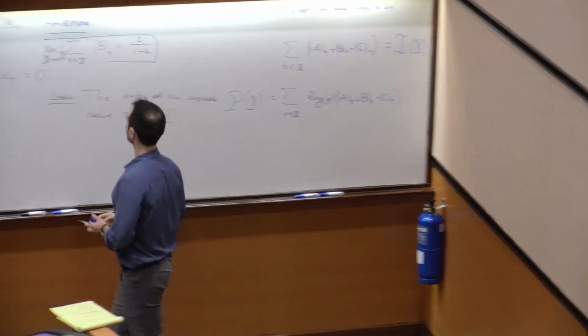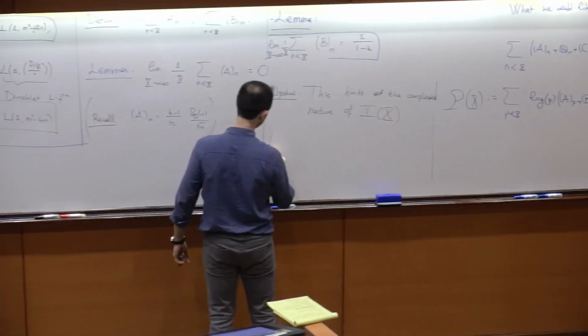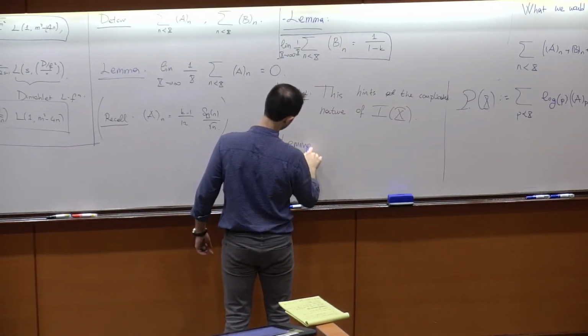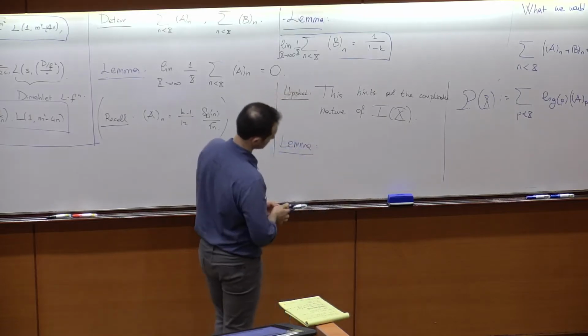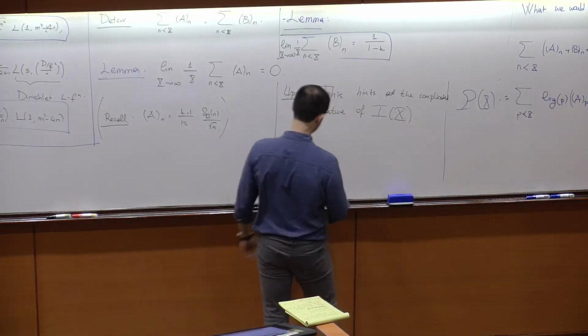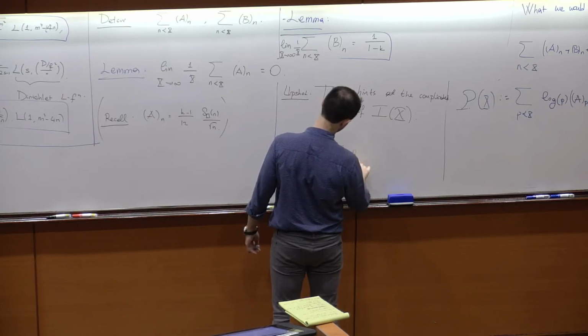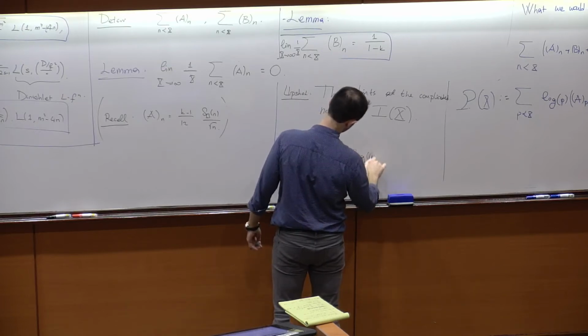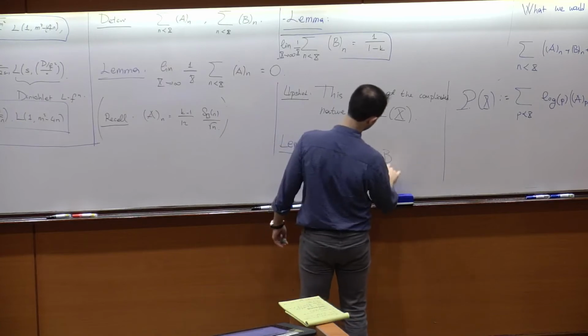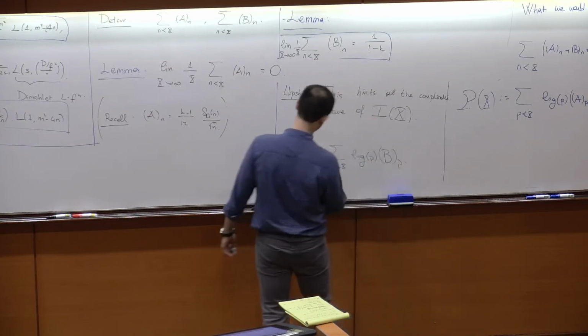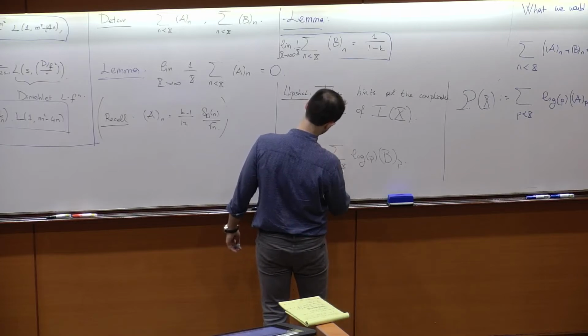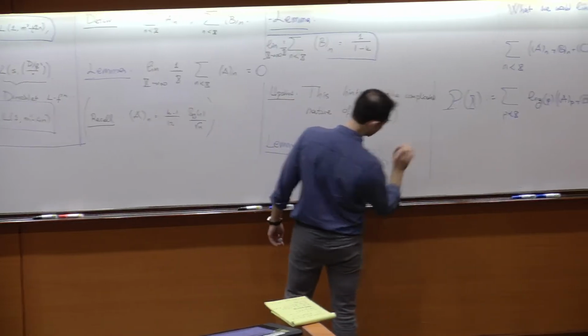And why am I saying I_x? Because, another lemma: if you actually look at the sum over p less than x of log p times b_p, and take the limit of this, I believe this is 0.